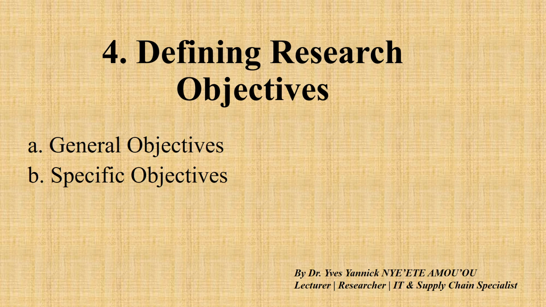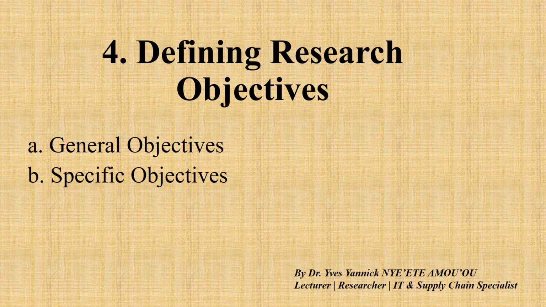When we are talking about general objective, this is the overall aim or purpose of your research, what you hope to achieve. Then specific objectives are the concrete steps or questions you will investigate to fulfill your general objective.